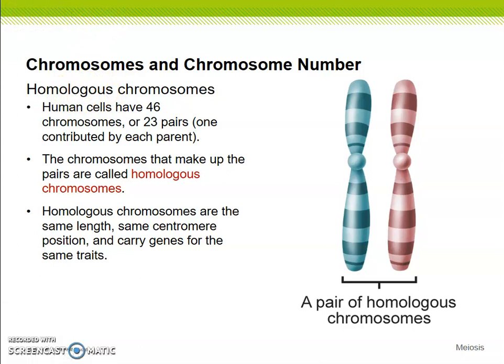In humans, we have 46 chromosomes, but they can be arranged into 23 pairs because each chromosome has a mate, or one that has the same genes in the same location. You get one from each of your parents. You get one from mom and one from dad. The chromosomes that make up the pairs are called homologous chromosomes, and they are the same length. Their centromere is in the same spot, the same position, and they carry genes for the same traits.